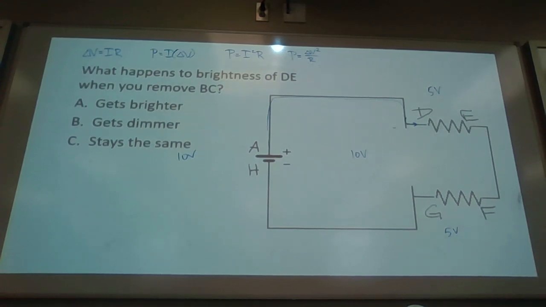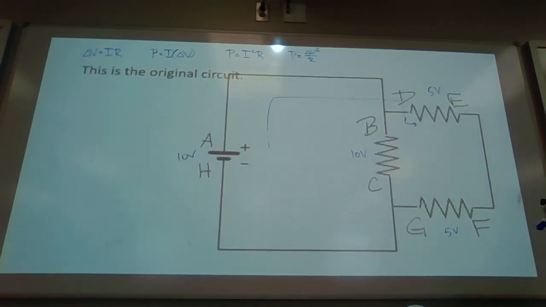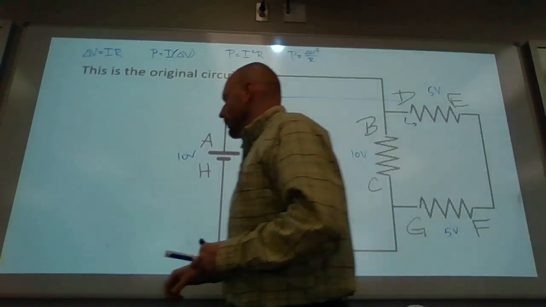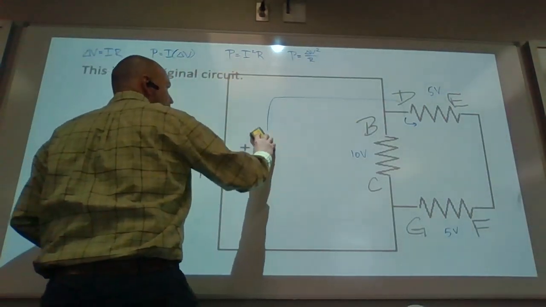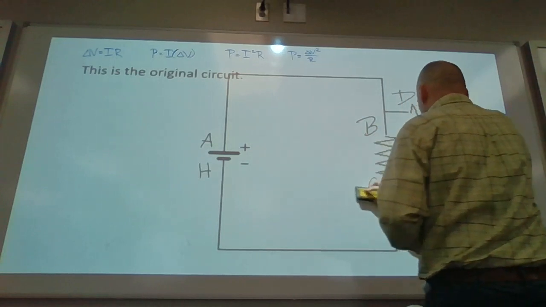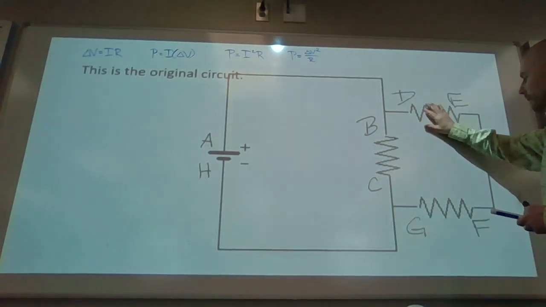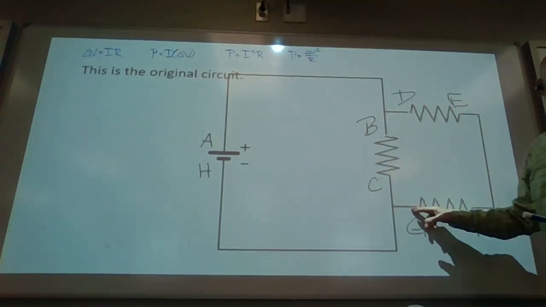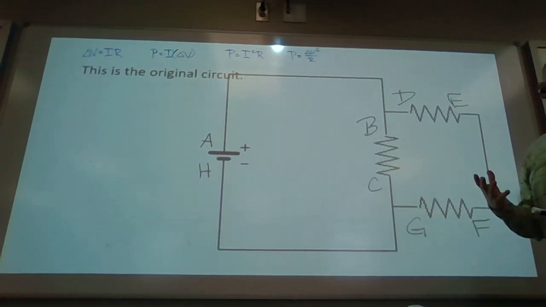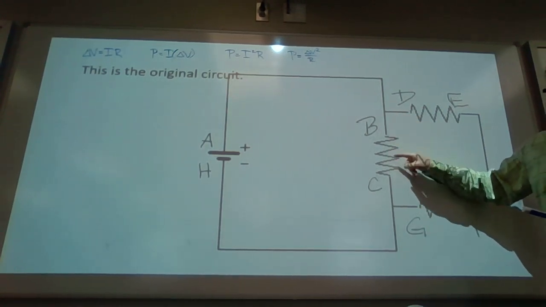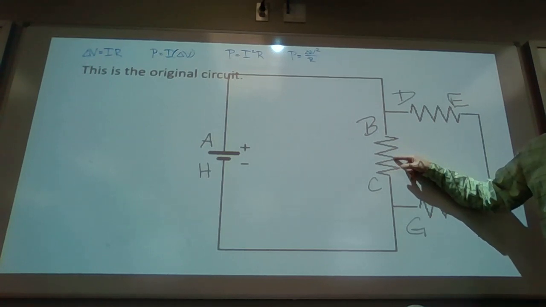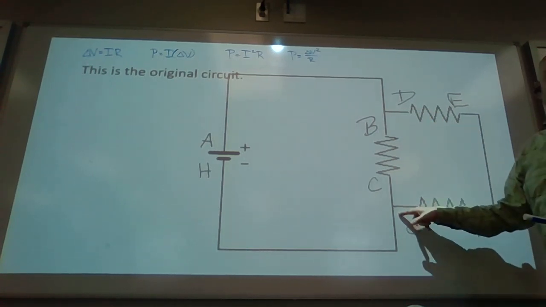Okay, so here are a couple things. Let's say we have no resistance here, and it's just a wire. In reality, that's going to cause this light bulb to turn off, because this is a short circuit.